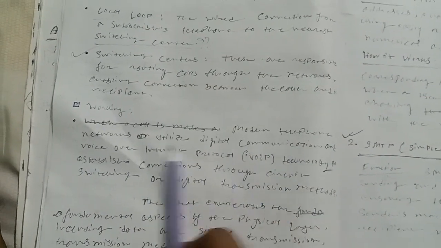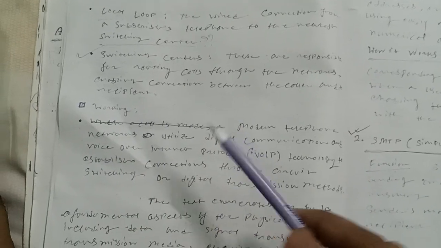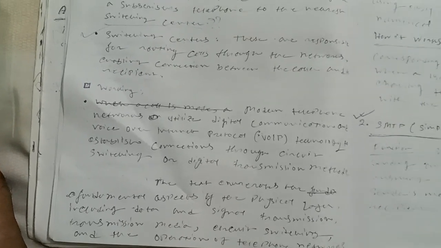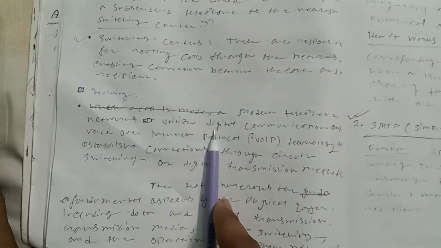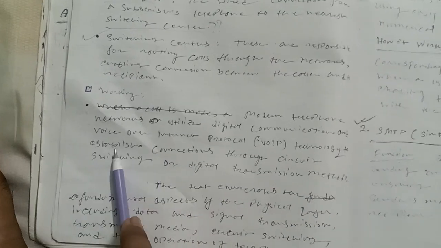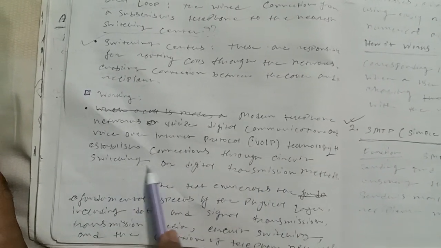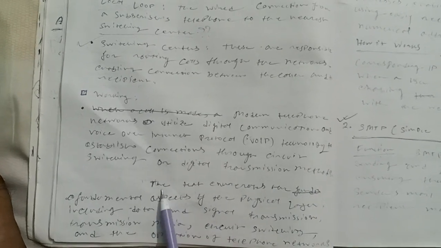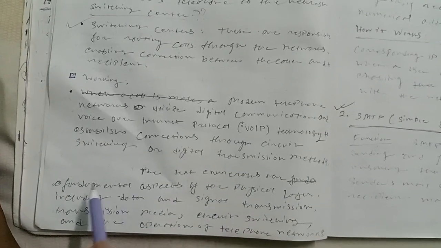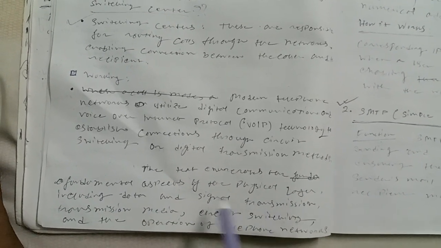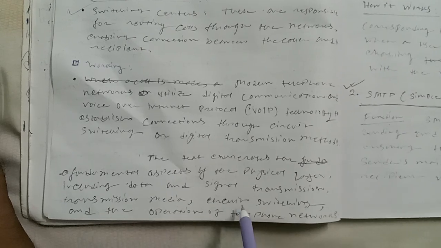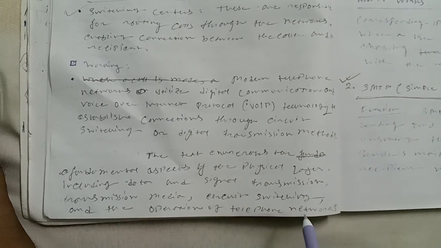Modern telephone networks utilize digital communication and voice over internet protocol technology to establish connections through circuit switching or digital transmission methods. The text covers the fundamental aspects of the physical layer, including data and signal transmission media, circuit switching, and the operations of telephone networks.